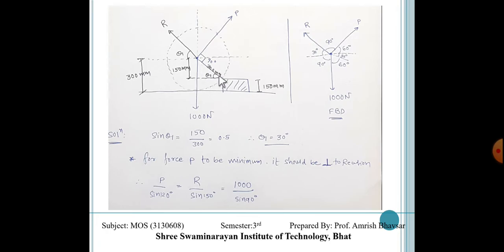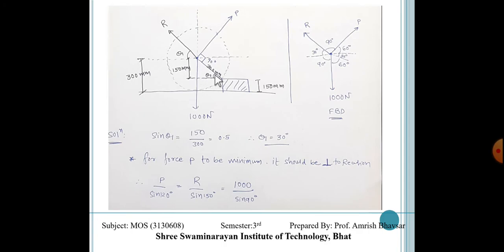So the reaction must be passing through the center of this wheel, and the minimum force we are going to find out, that is 90 degree from here. Then we will calculate the minimum. As we are finding the minimum force, it must be at right angle, means at 90 degree.